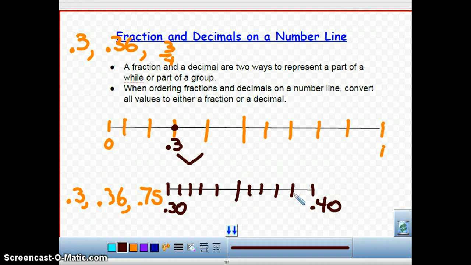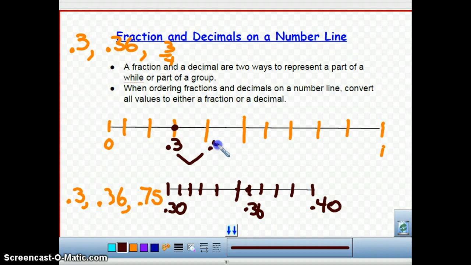Can I count 36 hundredths now? 31 hundredths, 32, 33, 34, 35, and 36 hundredths. So we know that 36 hundredths is just past halfway between 30/100ths and 40/100ths, which is the same as 3/10 and 4/10.